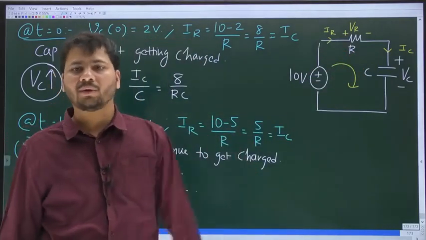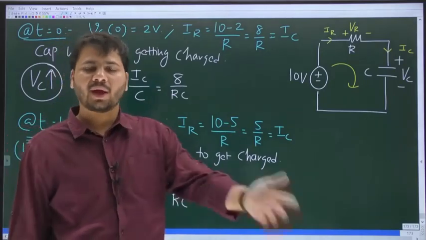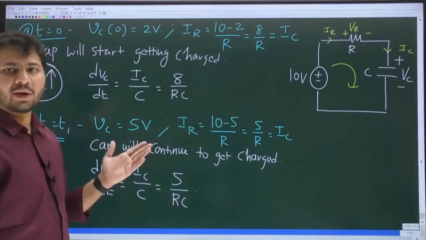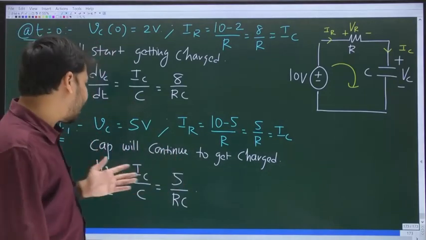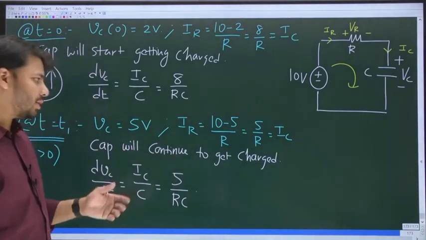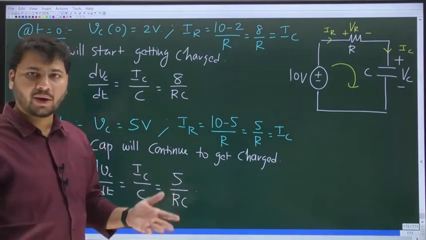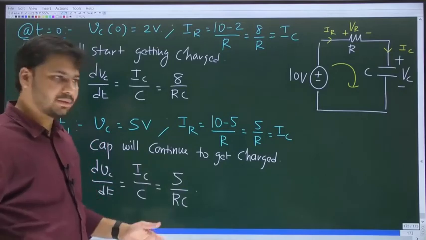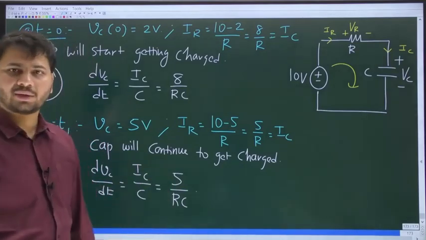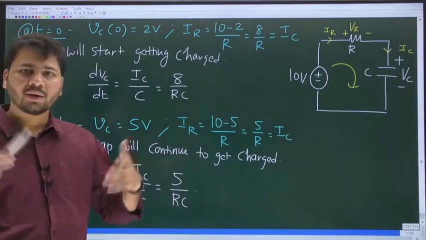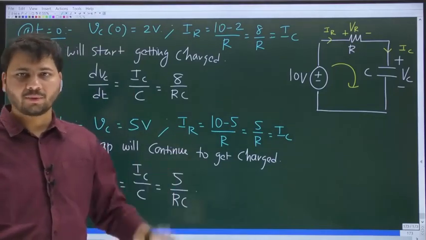Whenever current flows into the plus terminal of the capacitor, the cap will start getting charged. That is why Vc will start increasing from its initial value of 2 volts, and after some time Vc has become 5 volts, but still the cap will continue to get charged at a slower rate. That reduced rate of charging is 5 by RC. So in this way, again after some time Vc will increase to probably 6 volts, 7 volts, 8 volts and so on.